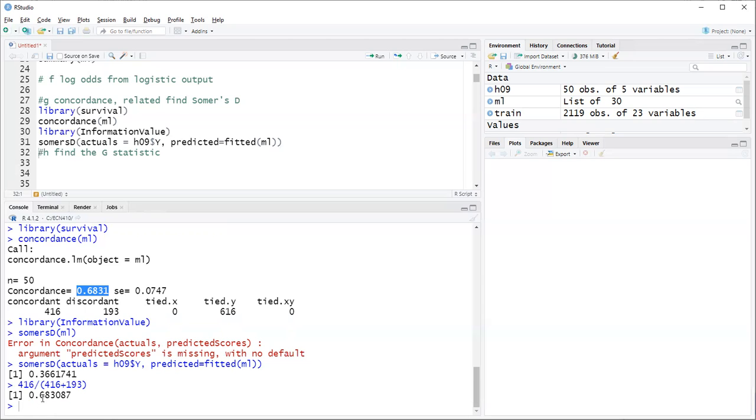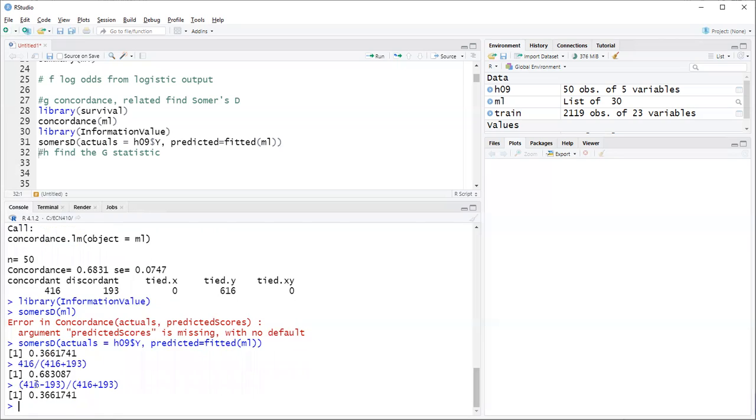Okay, how is this related to Somers D? Well, let me just copy this little piece out here, put it down here. Somers D just has this little distinction: it takes the number of concordant pairs and subtracts the number of discordant pairs in the numerator.